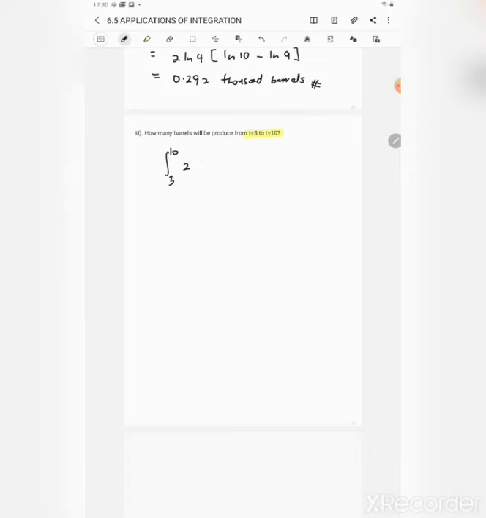The function inside the integral is 2 ln 4 divided by t plus 1 dt. We can use the answer in number 1. So when we integrate, we get ln of t plus 1 for the limit 3 to 10. This is direct.